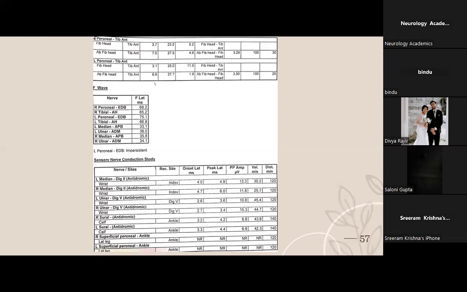Then sural peak latencies are normal with slightly reduced amplitude, and bilateral superficial peroneal SNAPs are absent. So, more than what we expected, there is a significant prolongation of all the lower limb F waves in the demyelinating range.